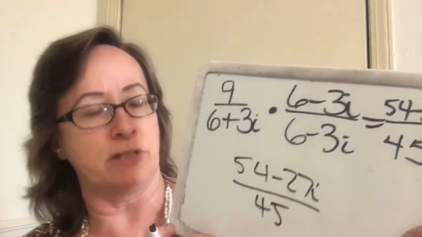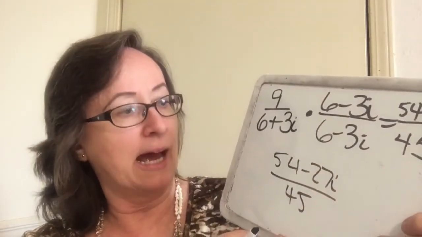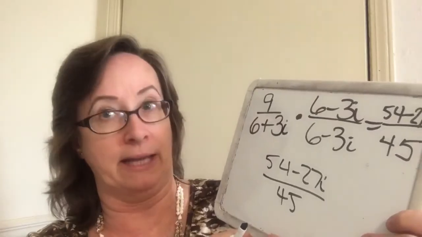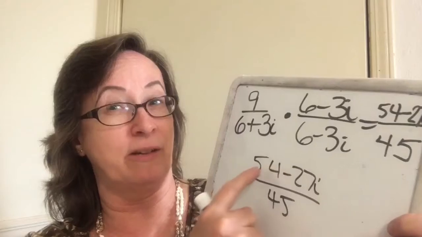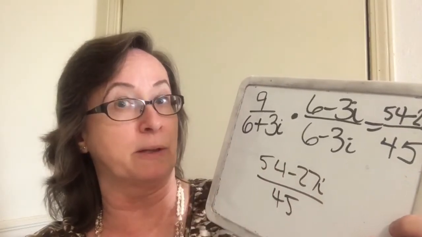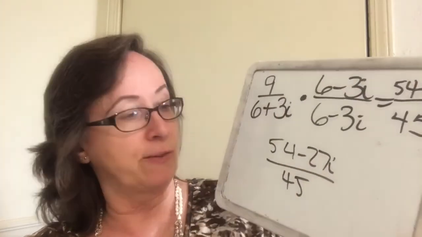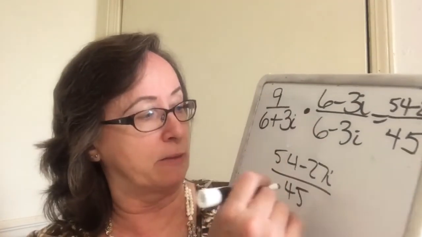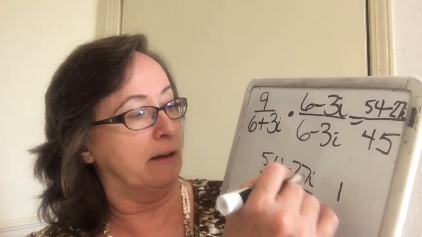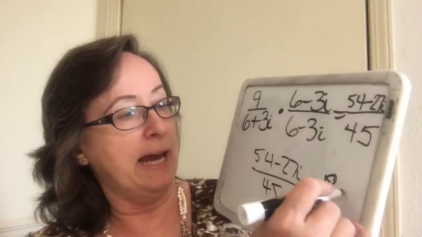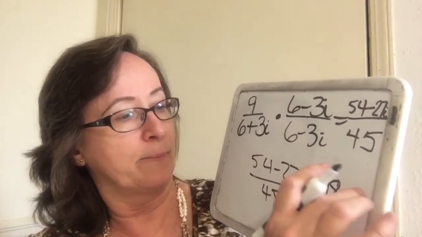Now, there are two things I have to do. Number one is these all have factors. I can divide all of them by 3. And I know I can divide them by 3 because remember my 3 rule: when I add the digits together and it's a multiple of 3, then the number is divisible by 3. So all of these are divisible by 3, so we're going to divide them all by 3. And 54 divided by 3 is going to be 18. And 27 divided by 3 is 9i.